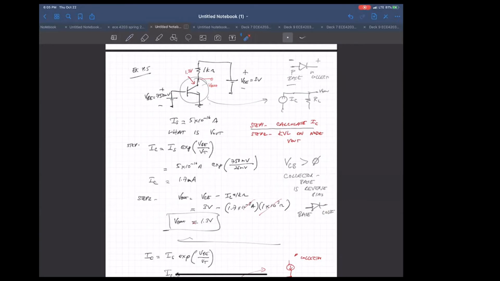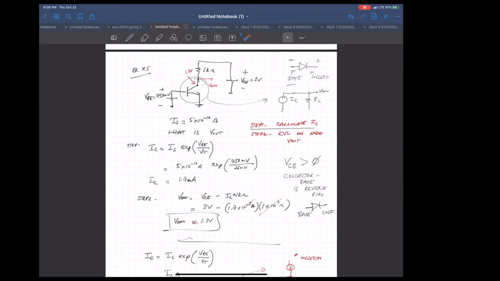You had to overcome that VD on to make it forward biased. So we even have more room than this. This is a pretty conservative approach for reverse bias. Does that make sense?